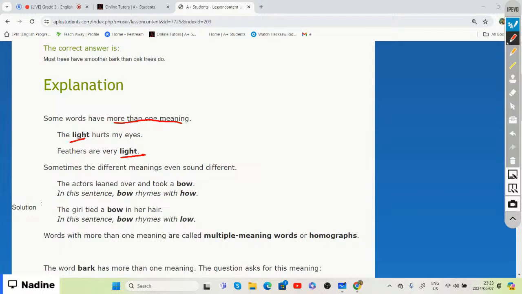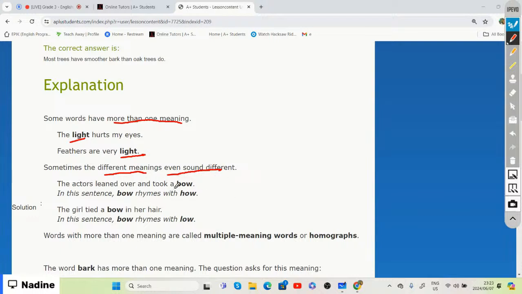And then we have words with different meanings that even sound different.